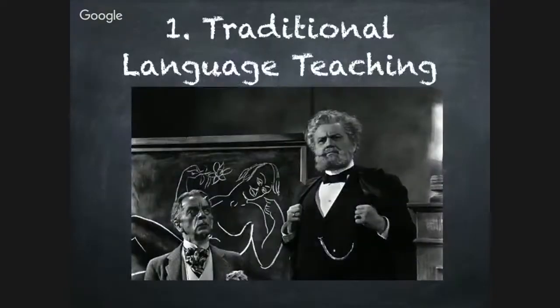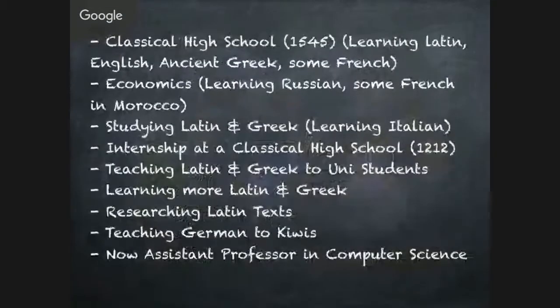This is a talk that is very much connected to my biography. So I'm now an assistant professor in computer science, but I have been a trained philologist, and that for a very, very long time. It started in attending a classical high school.